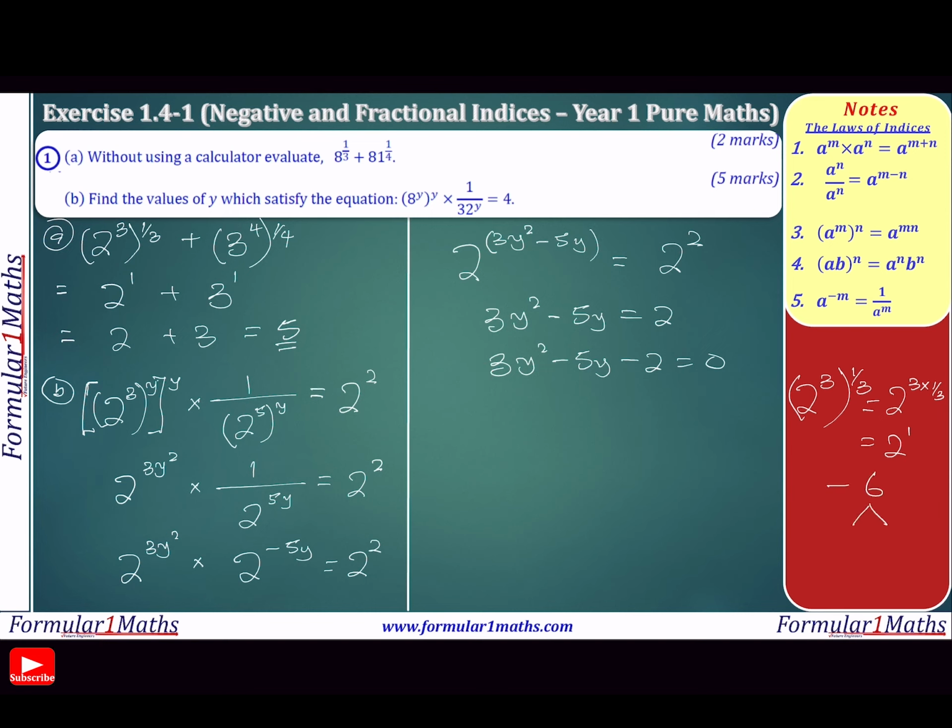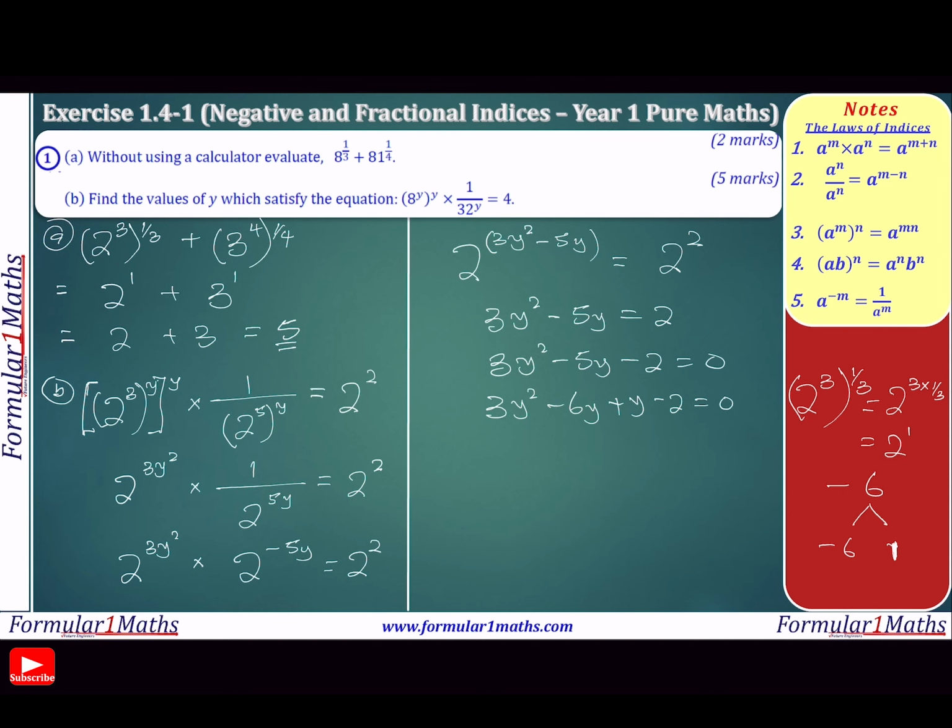If I break it down to get 2 factors which must add to give me minus 5y, then I'll have minus 6 and 1. And so I can replace minus 5y by minus 6y plus y, and I'm going to get 3y squared minus 6y plus y minus 2 equals 0.